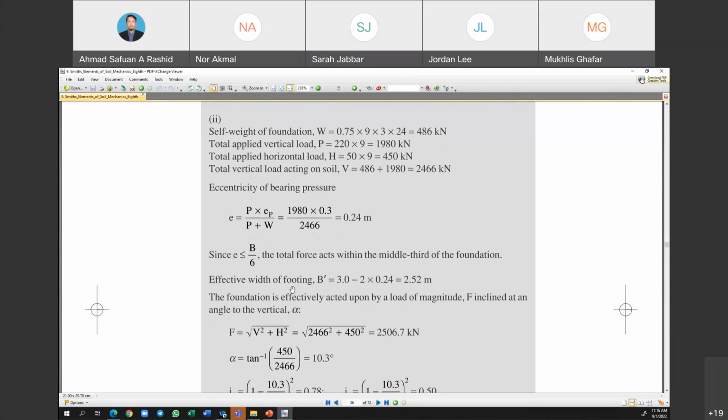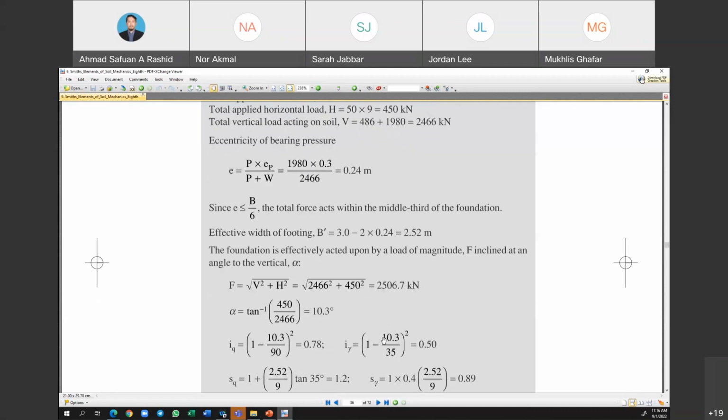To identify the inclined load value, we use the square root of V squared plus H squared. So the value of the inclined load is 2506.7. Then to get the alpha, we use trigonometry, arctangent of 450 over 2466, then we get 10.3.